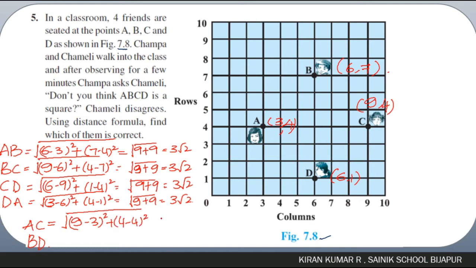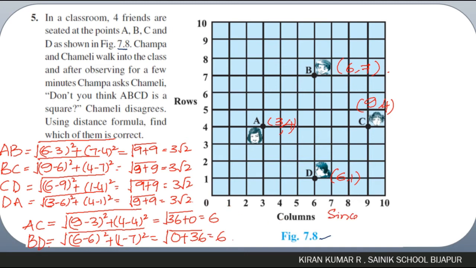We get a root of 36 plus 0, which is 6 units. The length of BD is root of 6 minus 6 whole square plus 1 minus 7 whole square. We get it as a root of 0 plus 36. We get it as 6.